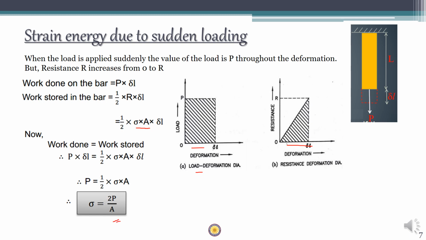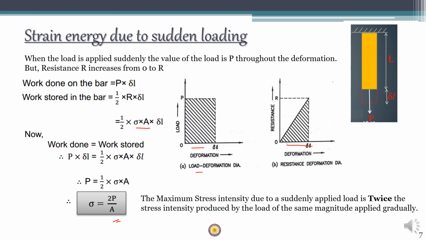Okay, so here we can see that when load is applied suddenly, the instantaneous stress developed in the bar is twice the value of the stress intensity produced when load of the same magnitude was applied gradually, right? When P was applied gradually, the sigma value was P by A. But when P is applied suddenly, the instantaneous stress or the maximum stress is going to be 2 times P by A. Okay, so this is an important concurrence.